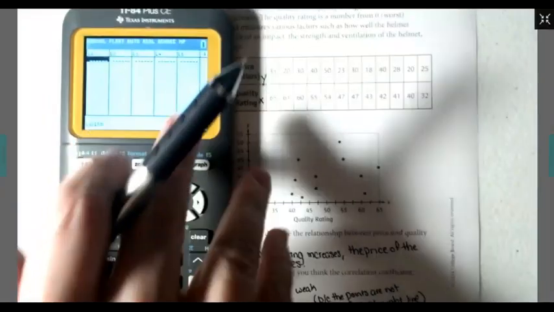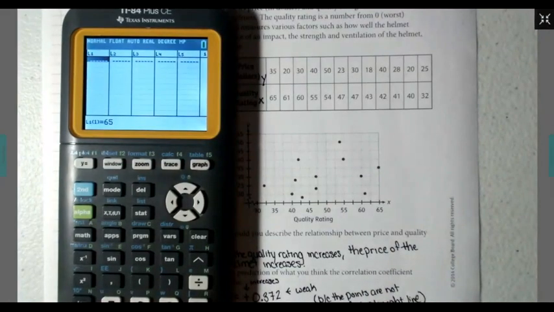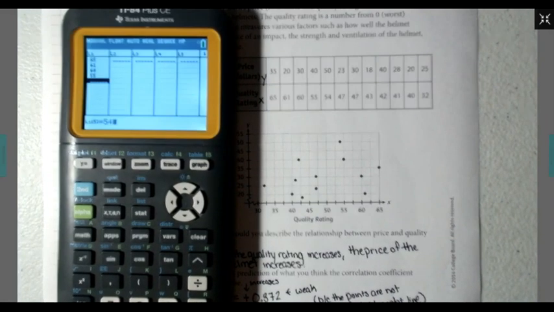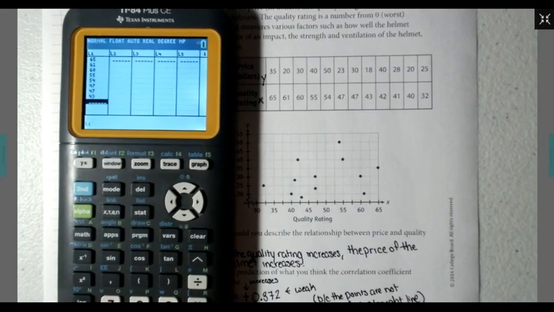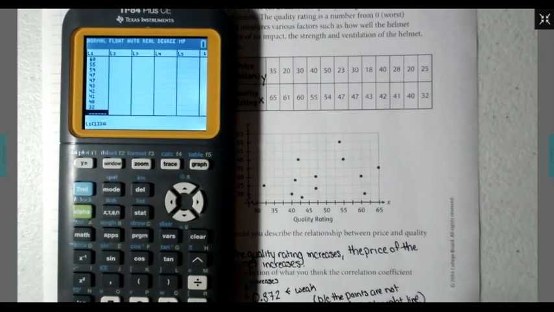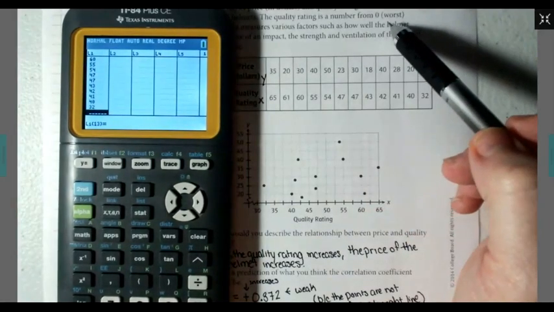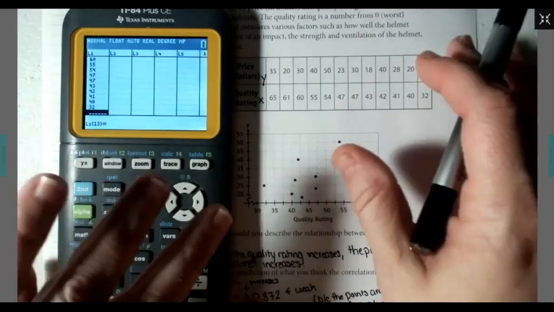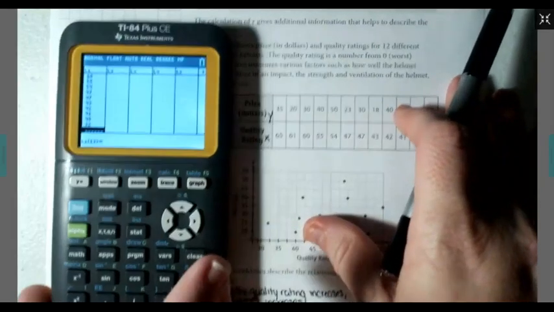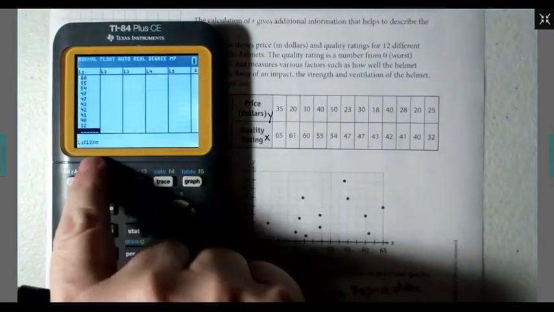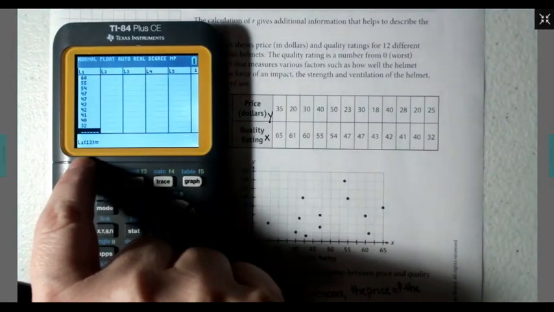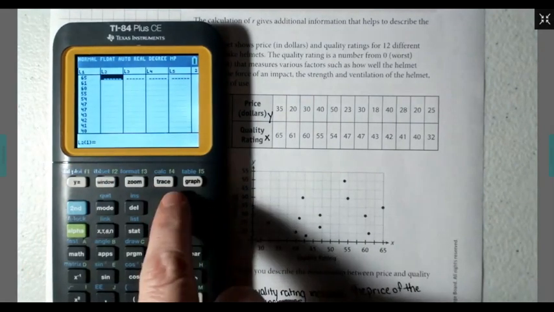So I'm going to quickly type those in: 65, enter, 61, enter, 60, 55, 54, 47, 47, 43, 42, 41, 40, 32. Recall that we were dealing with 12 different bike helmets, so we should have 12 data points in there. And look, it's looking for my 13th data point, so that means I have all of them in there.